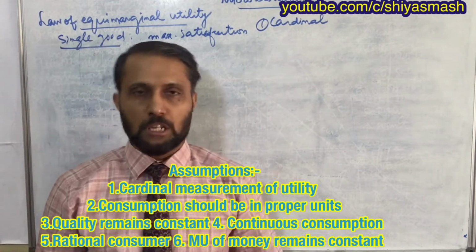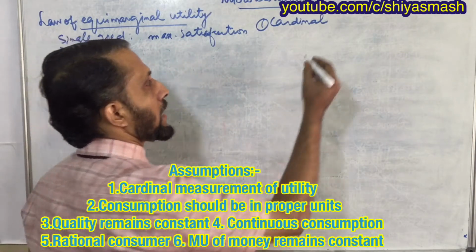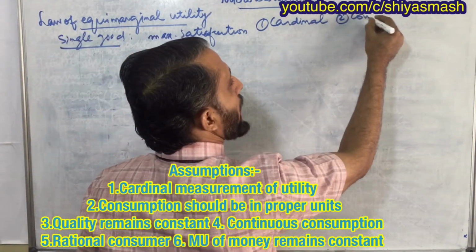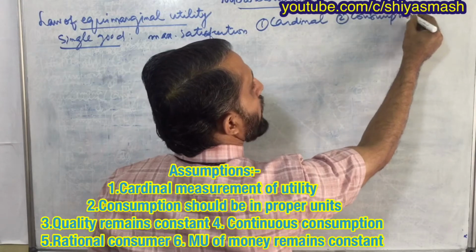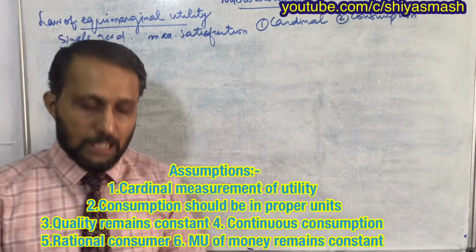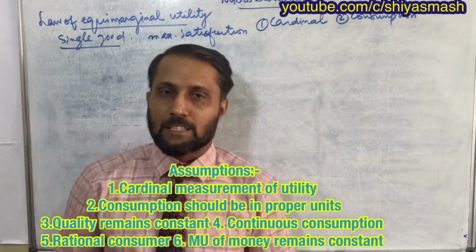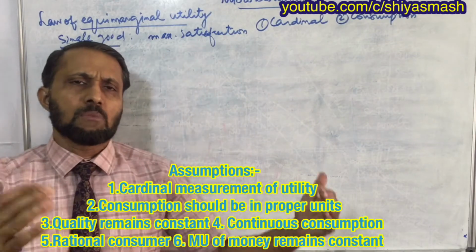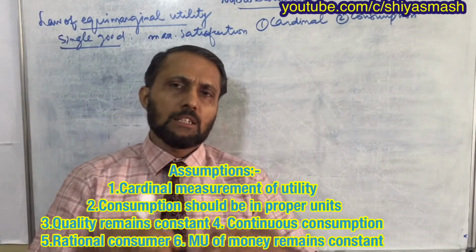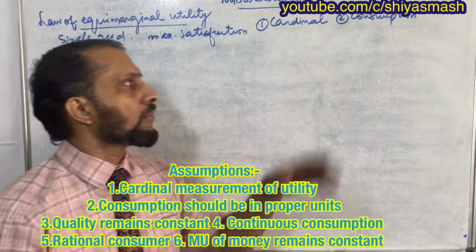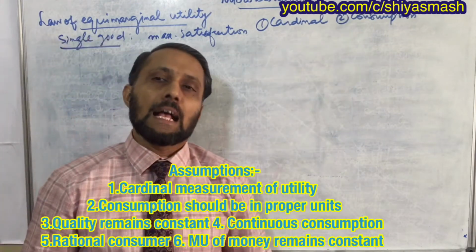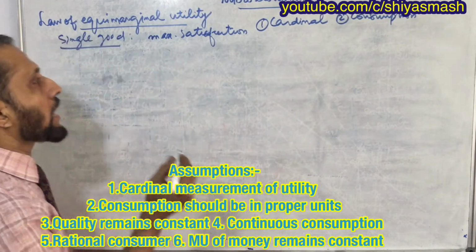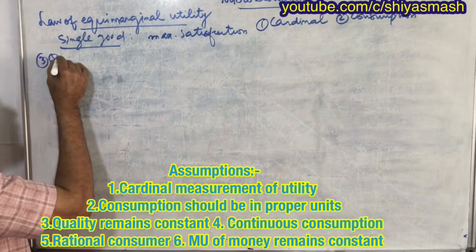Second assumption is that consumption should take place continuously with the proper units. There should be no change in the units of consumption at all. Third one is regarding the quality of the product.